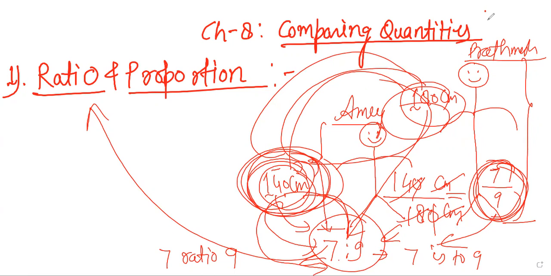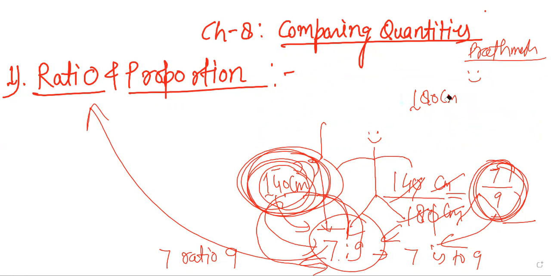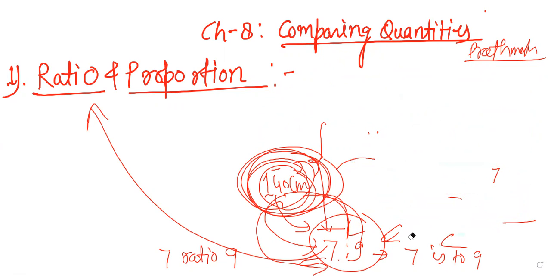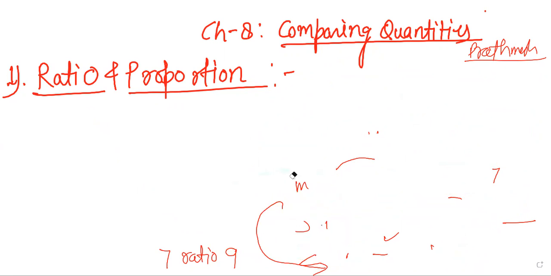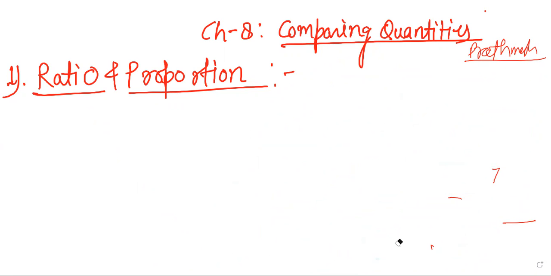Please tell me. Maybe you are getting it: the ratio is the comparison between two quantities only. So what is a ratio? Ratio is nothing else, it is a comparison between two quantities.